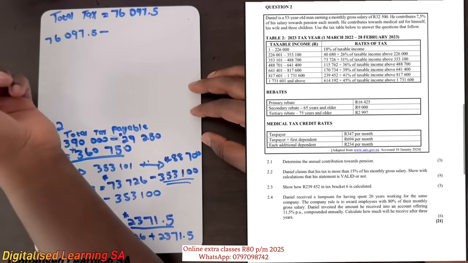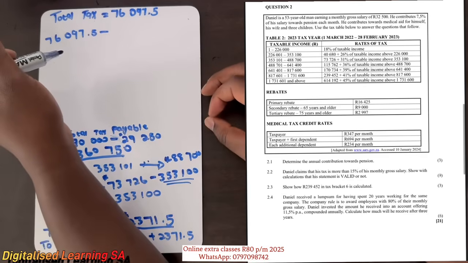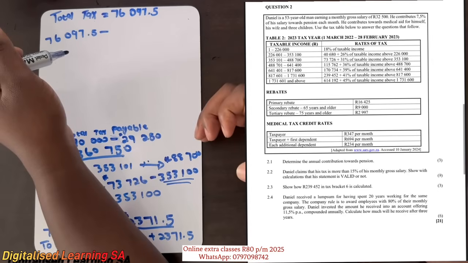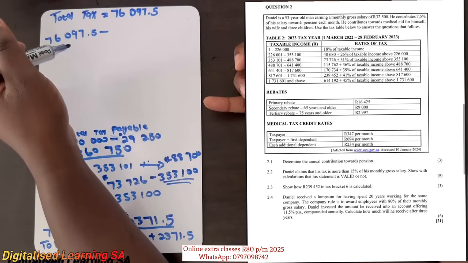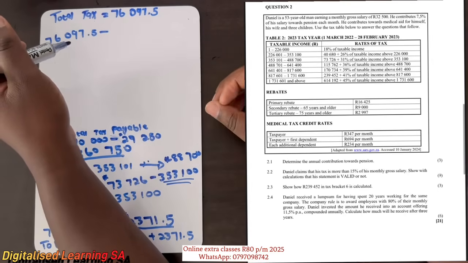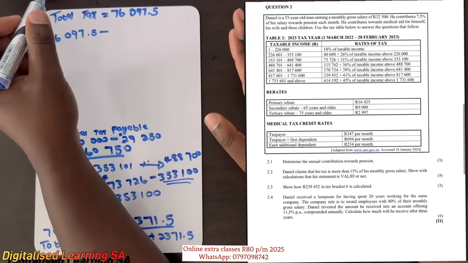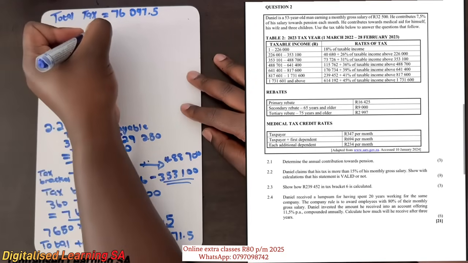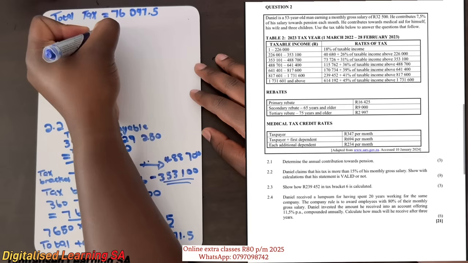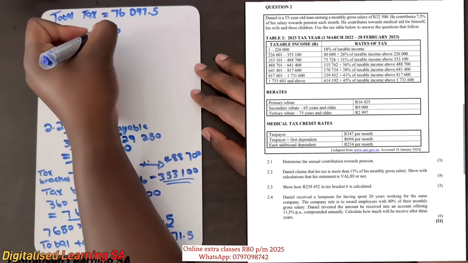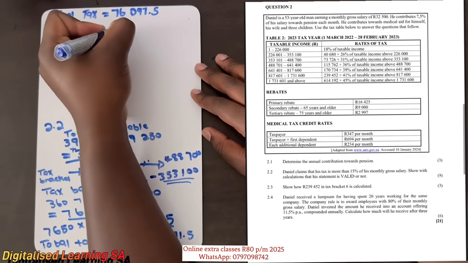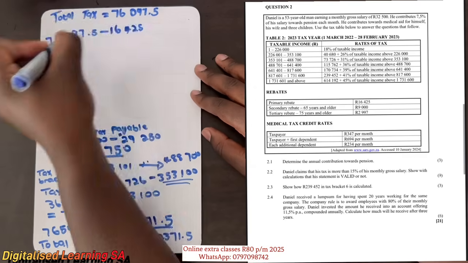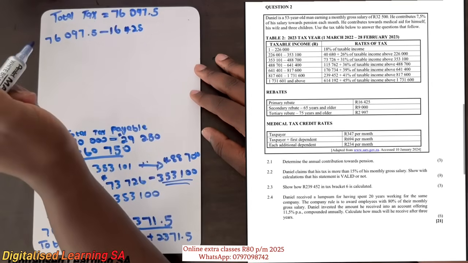Daniel is 53 years old, and like we discussed in the previous questions, there are 3 rebates: the primary, secondary, and tertiary. Everyone qualifies for the primary rebate, meaning Daniel also qualifies, so we will subtract 16,425 from our total tax.